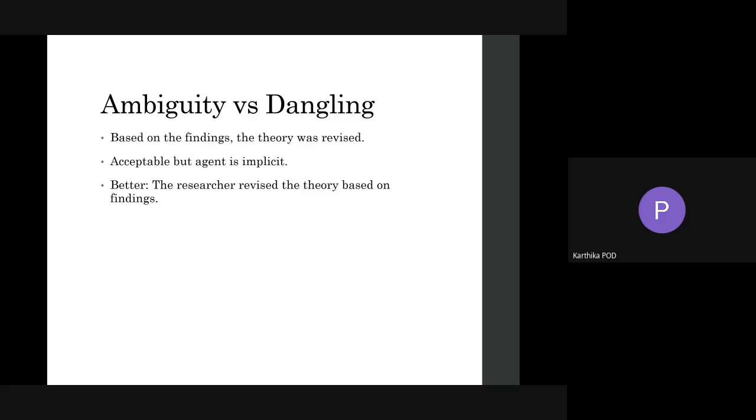This is acceptable because here the agent is implicit, because you are saying based on the findings. So here the core that you need to keep in mind is findings.